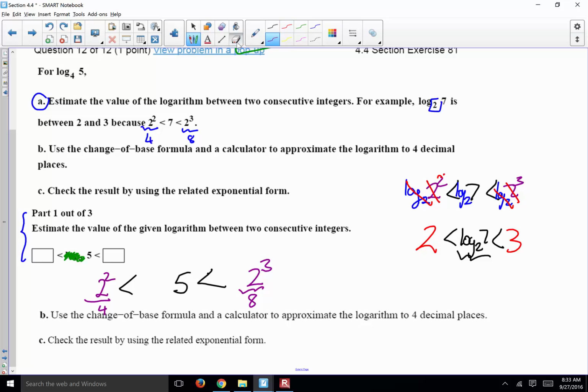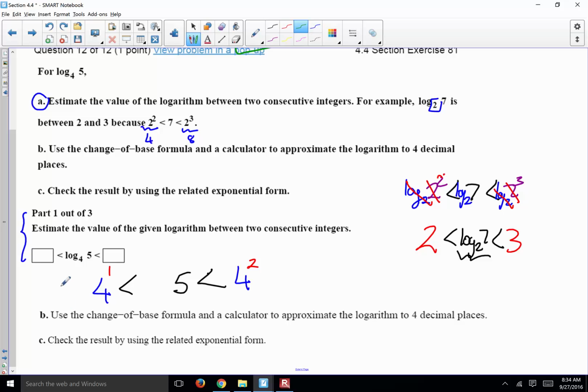Yes, we cannot use base 2 here because the logarithm is base 4. So you need to raise these numbers into powers of 4. So I'm going to go with 4 to the something, 4 to the something here. What are those? Is it square and cube? 4 squared is 16. Nope, 5 is too little. So we go with 1 and 2, of course.